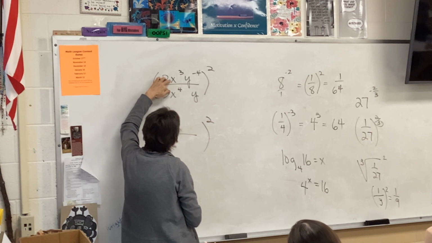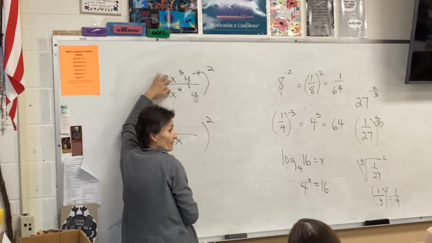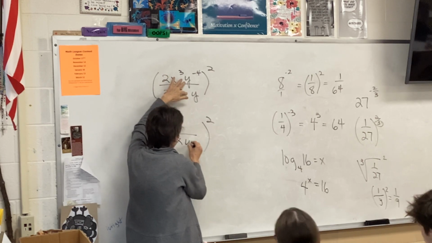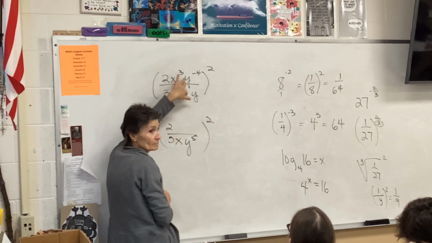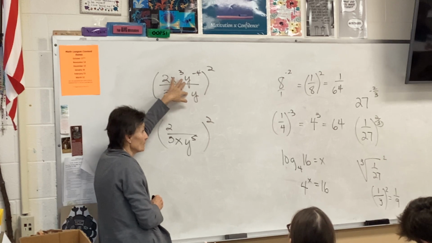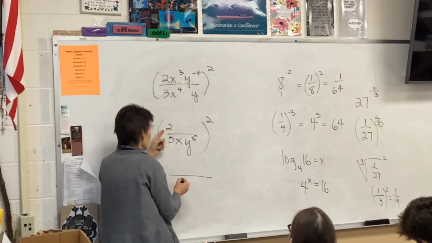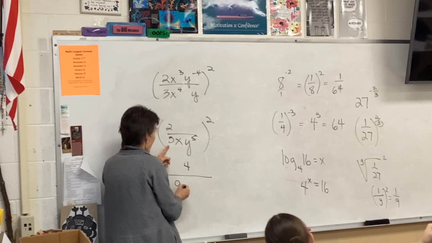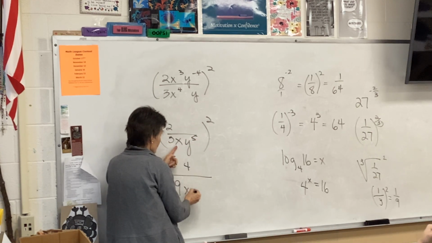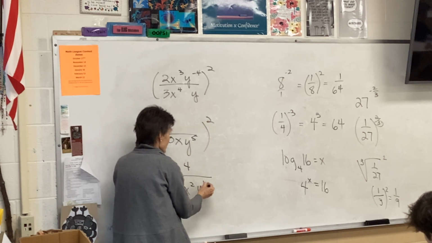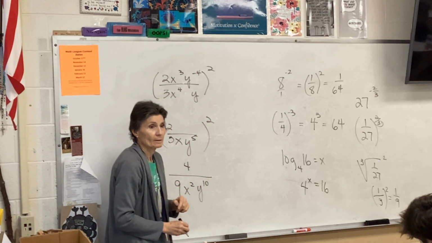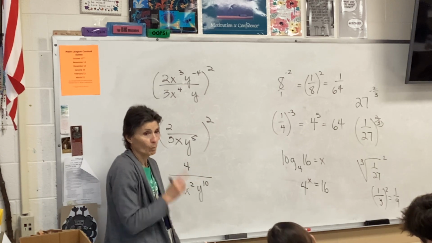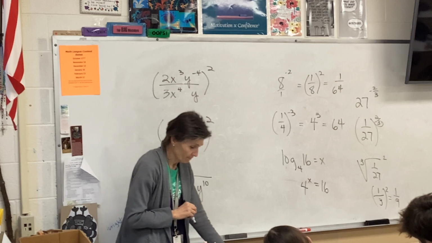Gonna be 1 x left over on the bottom, and y to the 5th on the bottom. Now I gotta square everything, so that's gonna be 4 on the top, over 9 x squared, y to the 10th. Kids, that isn't hard, you can do that. One step at a time, you can do it.